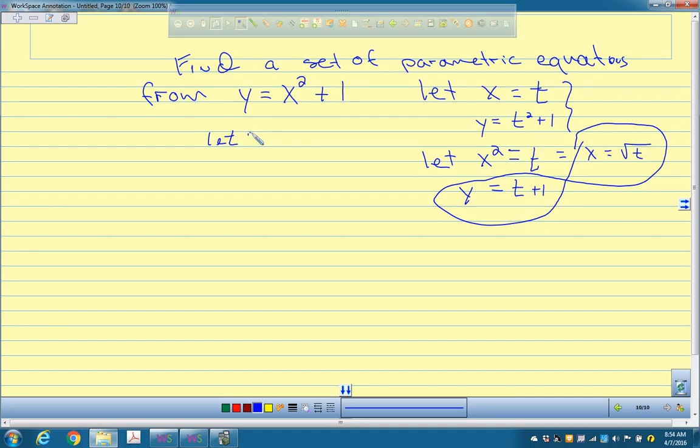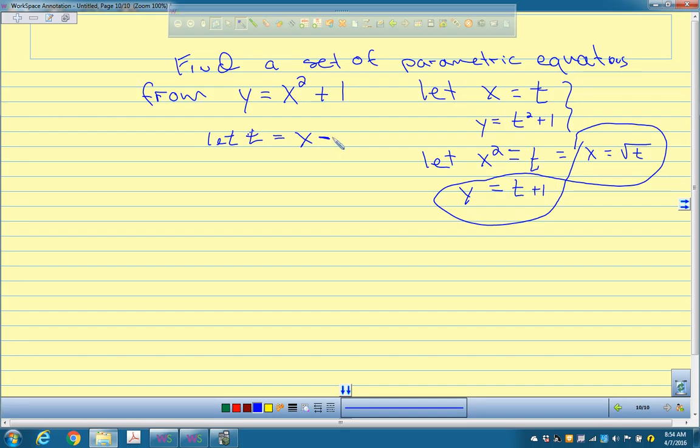Say, for instance, on this one, let t equal x squared plus 1.